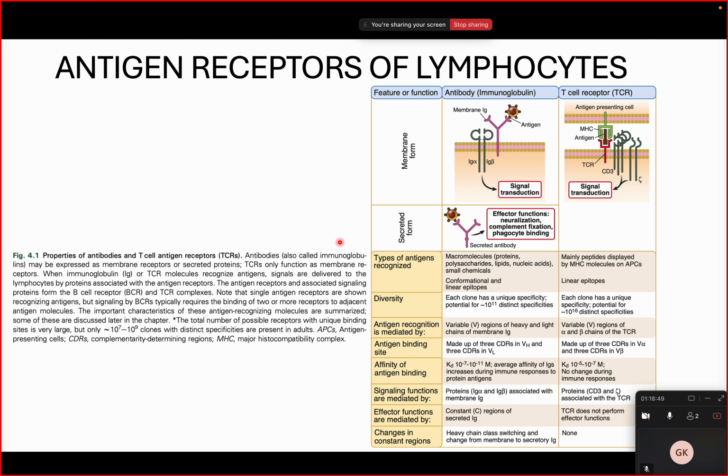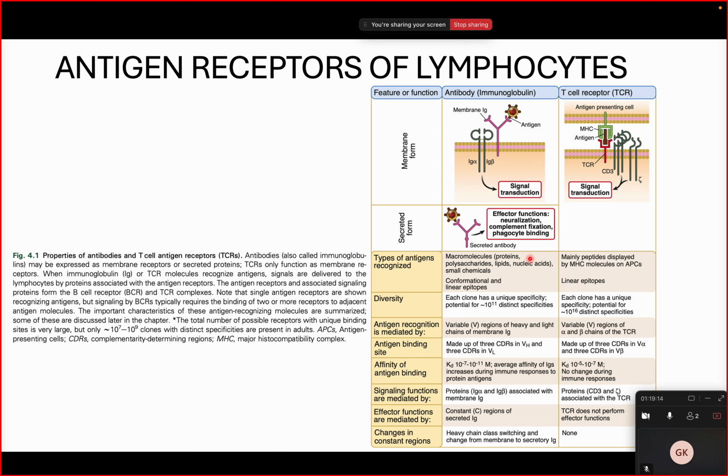So, when we talk about antibody or the B cell receptor, which is secretory in nature, what sort of antigens is it recognizing? It is recognizing macromolecules such as proteins, polysaccharides, lipids, nucleic acids, and some small chemicals. There are conformational and linear epitopes because they are recognizing the antigen. Okay.